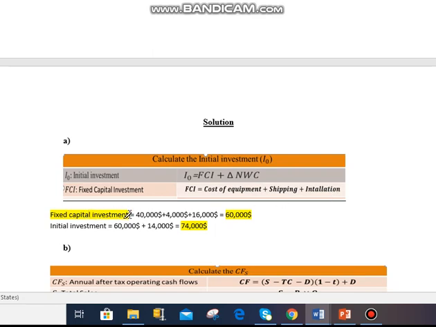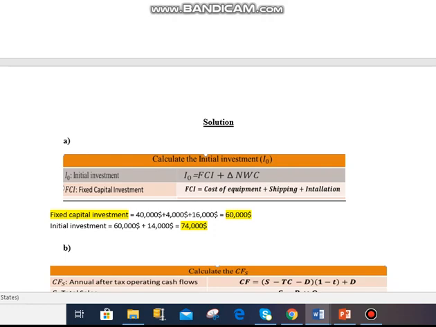So the fixed capital investment will be $40,000 for the equipment, plus $4,000 shipping, plus installation of $16,000. So the fixed capital investment equals $60,000. And the initial investment will be $60,000 plus $14,000, which is the change in the net working capital. So the initial investment will be equal to $74,000.